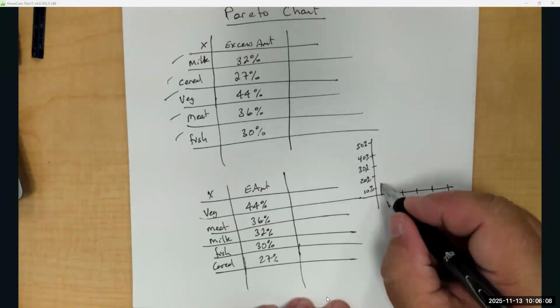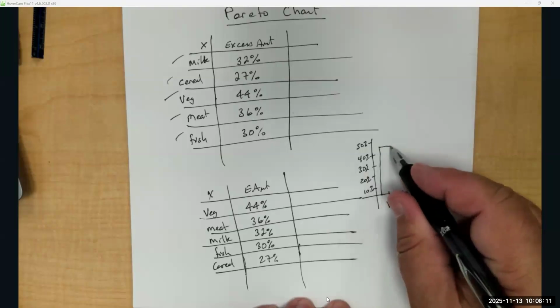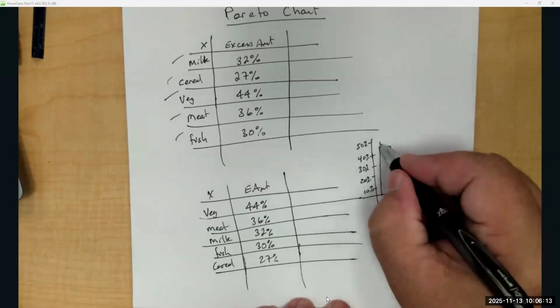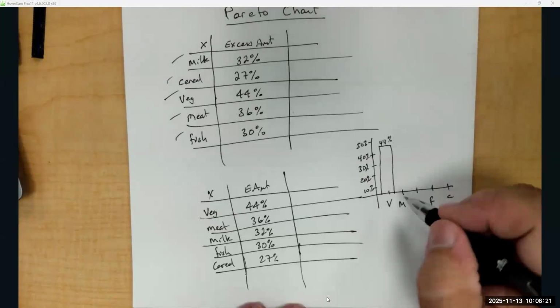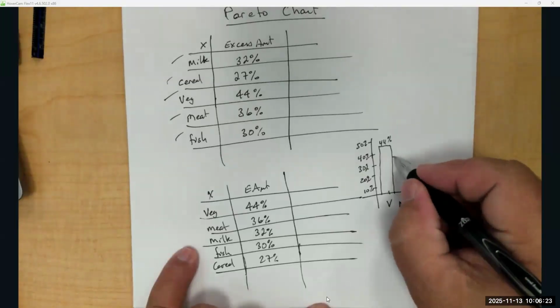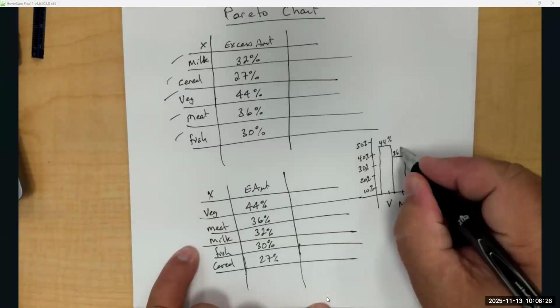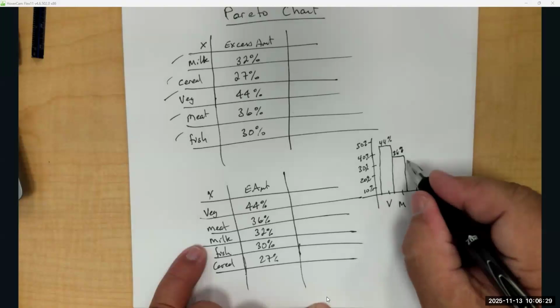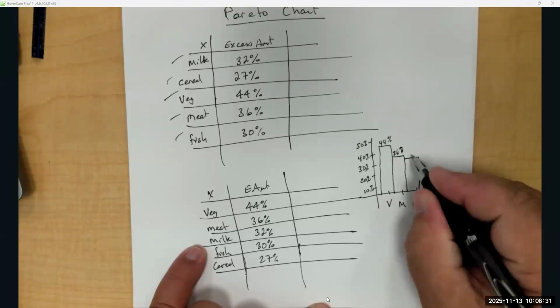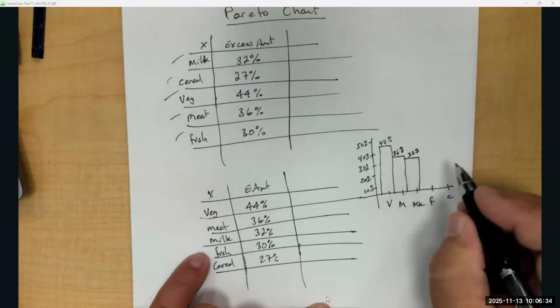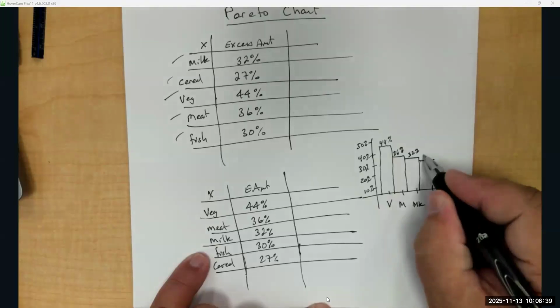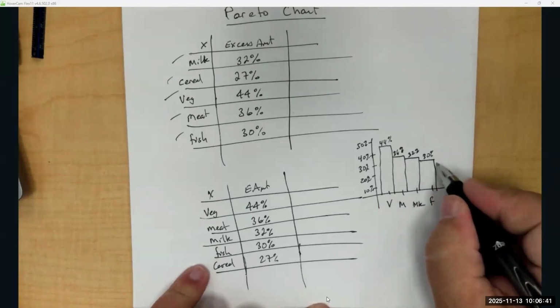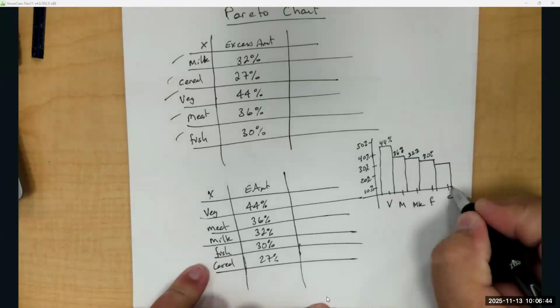So the vegetables would be 44%. And the meat would be 36%. And the milk would be 32%. Then 30% for the fish. And then 27% for the cereal.